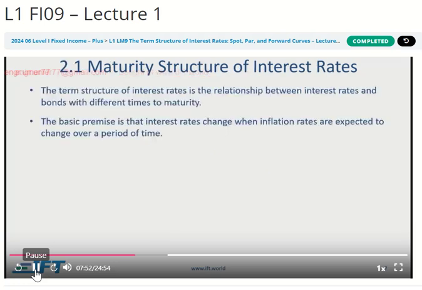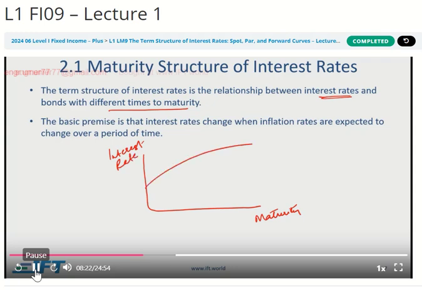So as discussed, the term structure of interest rates is the relationship between interest rates and different times to maturity. The basic premise here is that interest rates change when inflation rates are expected to change over a period of time. Now let me explain that a little bit more. See, if you have your maturity here and your interest rates here, usually what we have is an upward sloping yield curve.